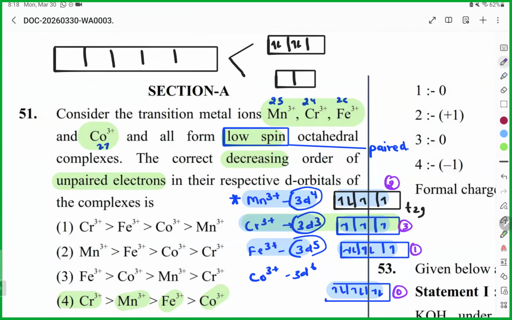Remember, you will not take the complete 5 d orbitals. They further break down into 3 and 2, t2g and eg. Low spin means pairing inside the t2g. Electrons are not going to eg. If there is high spin or weak ligand, then electrons will go to the eg. Any doubt? According to crystal field theory. Anybody have a question, guys? The answer will be 4.